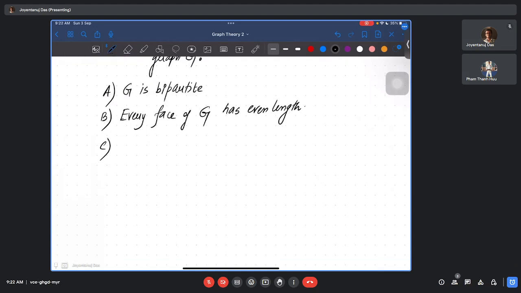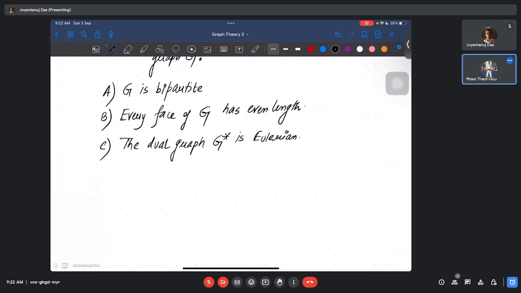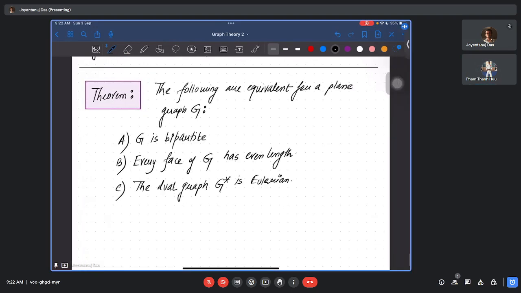And the third is the dual graph is Eulerian. So these three conditions are actually equivalent.